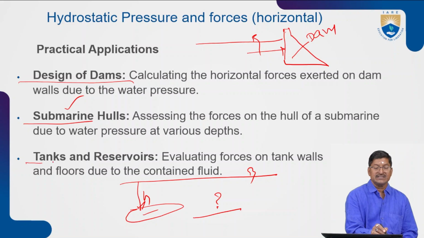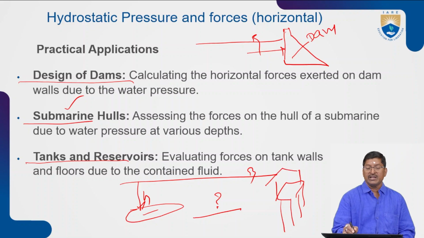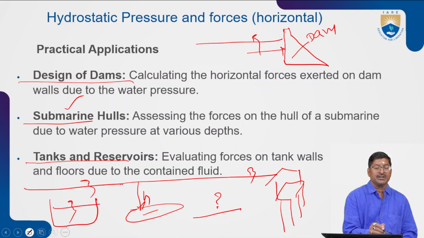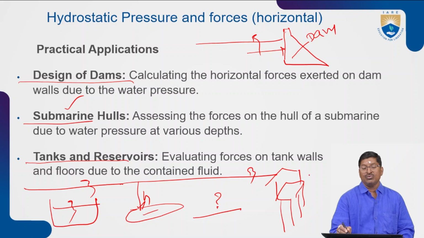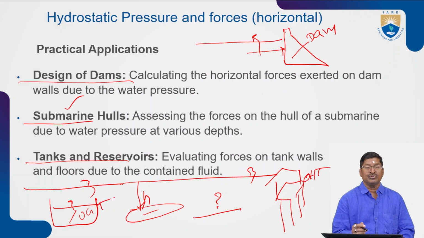And tanks and reservoirs. What do we mean by a tank? An overhead tank may be there, or an underground tank. This is the ground level, and below it is an underground water tank. So overhead tank, OHT, and underground tank are both water tanks. These also experience force from the water.